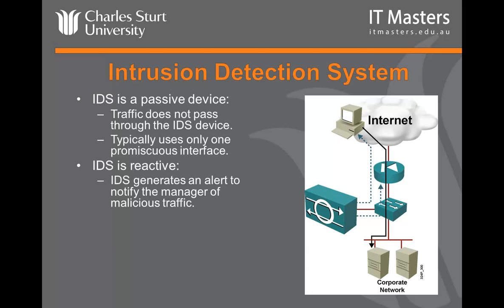IDS generally also have the capability of sending TCP resets to the end host to try and terminate any malicious sessions that are coming in. But again, it's not in line; it sits off to the side on a promiscuous port and listens. In some circumstances you can configure them to do some sort of active configuration, but generally they just sit there, alert, and send off to a log server for you to interpret at a later time.